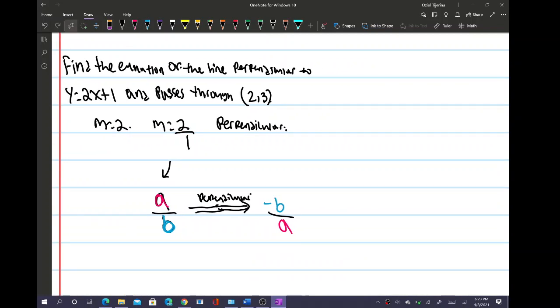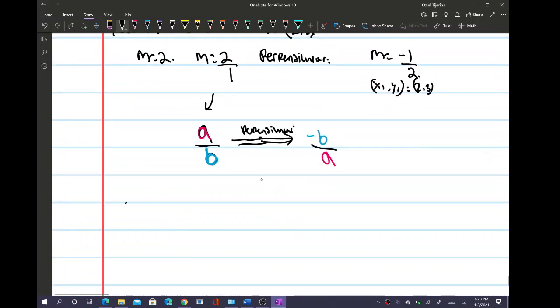So that means the slope will be m equals negative 1/2, and the point x1, y1 will be (2, 3). So we have y minus y1 equals m times x minus x1.